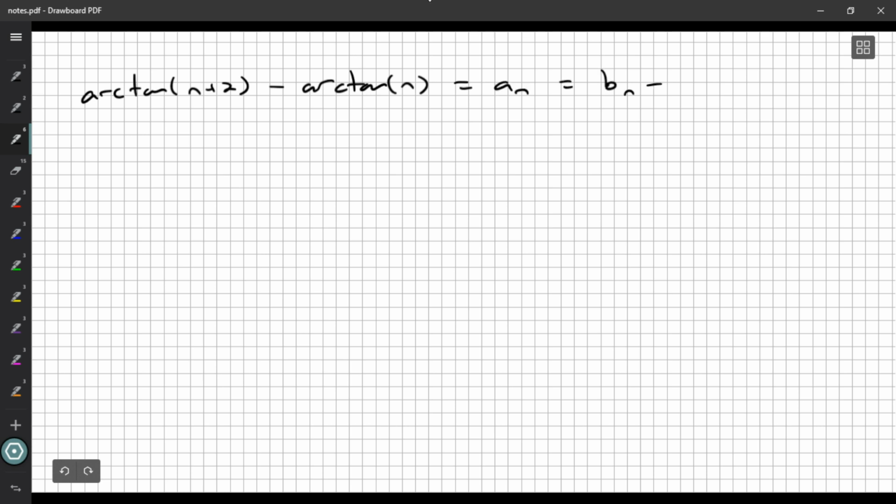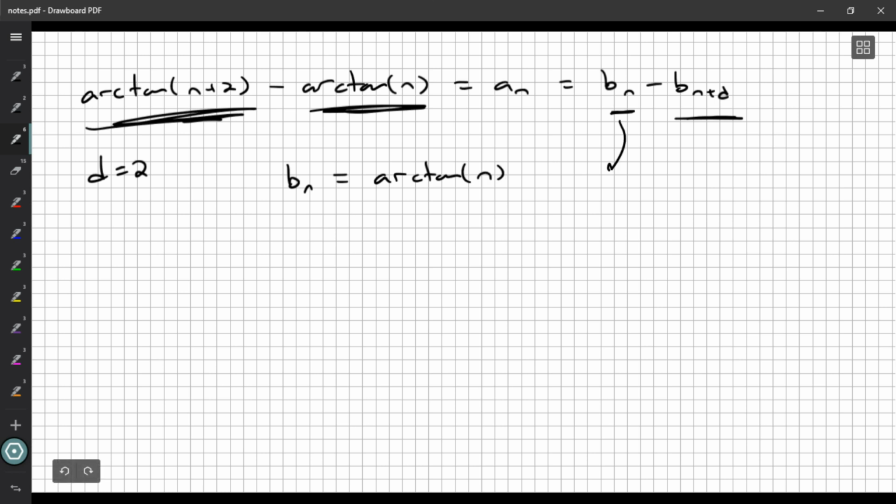When you line up what you'd like for a telescoping sequence, you can match arctan n and b_n. Arctan n plus something, b_n plus something. Really seems like d should be 2. And maybe we get something like b_n is arctan n.